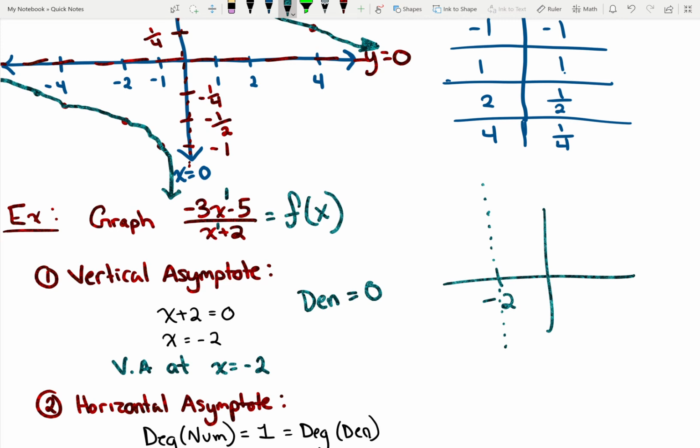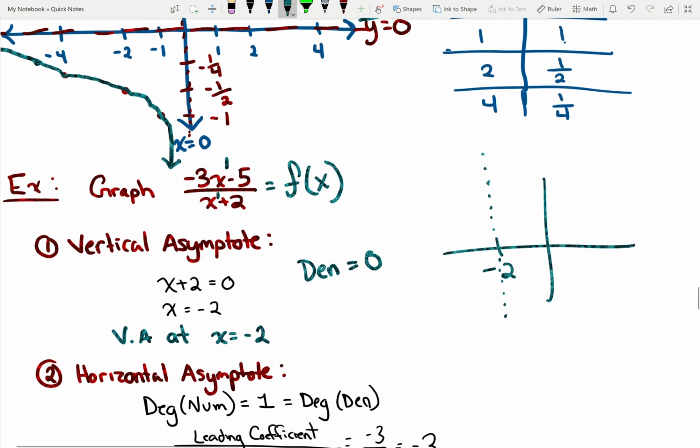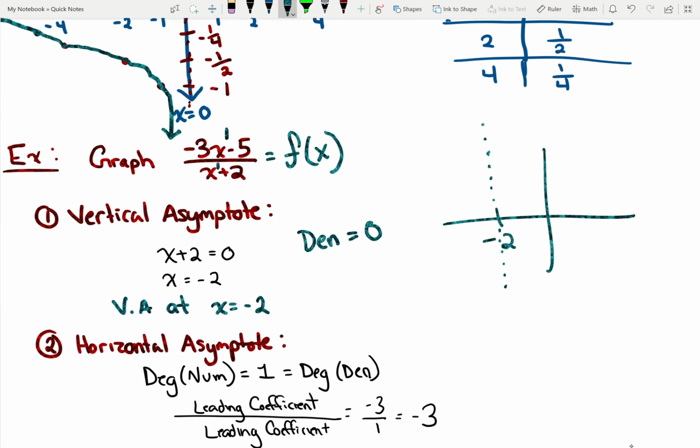So when the degree of the numerator equals the degree of the denominator, how do we figure out what the horizontal asymptote is? Well, we take the ratio of their leading coefficients. The leading coefficient of the numerator is the term that's connected to my x with the highest power. And the leading coefficient of my denominator is the number, an invisible 1, in front of my highest powered x.